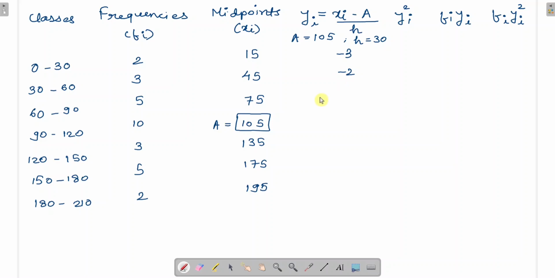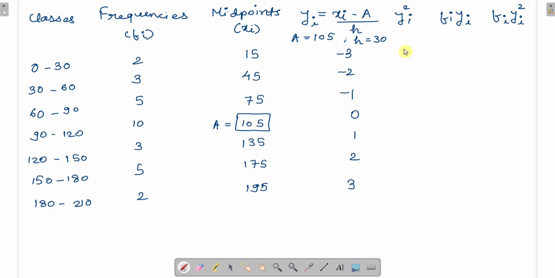Then 75 minus 105 divided by 30 is minus 30 divided by 30, that is minus 1. 105 minus 105 divided by 30 is 0. 135 minus 105 divided by 30 will be 30 by 30, which is 1. 165 minus 105 divided by 30, so 60 divided by 30, that is 2. 195 minus 105 divided by 30 will be 90 divided by 30, which is 3.